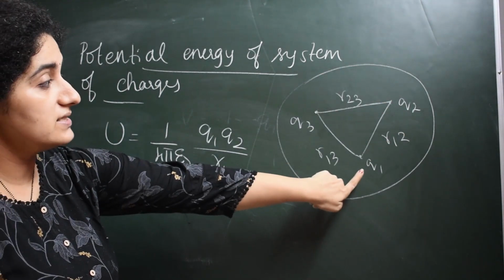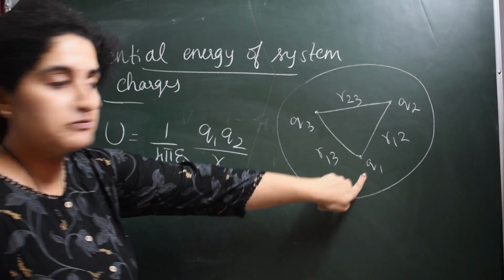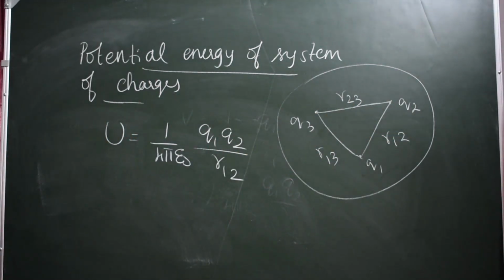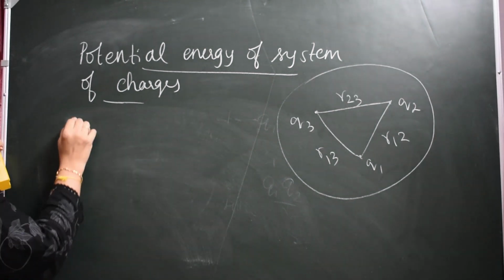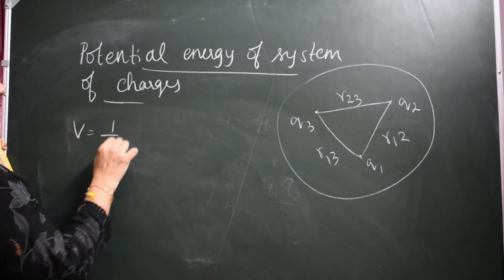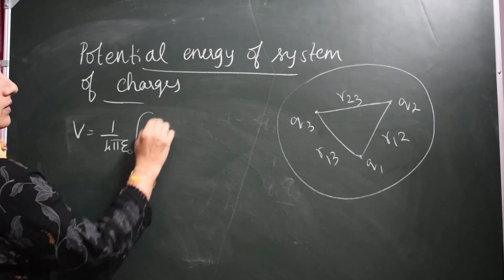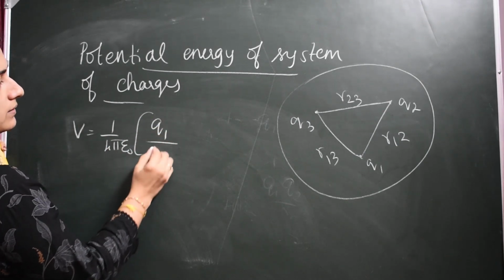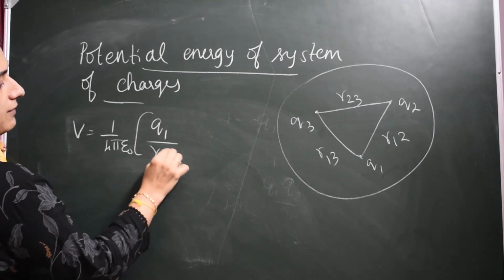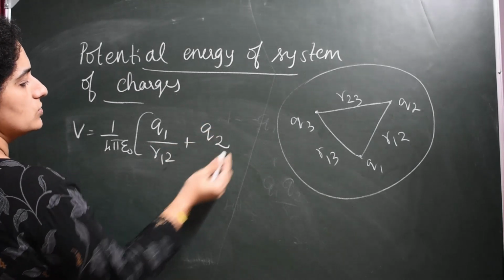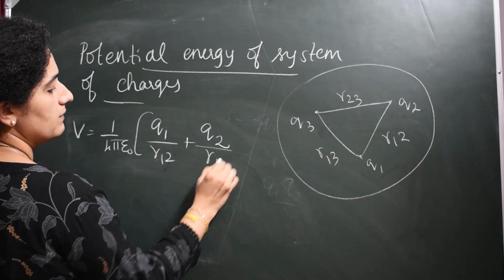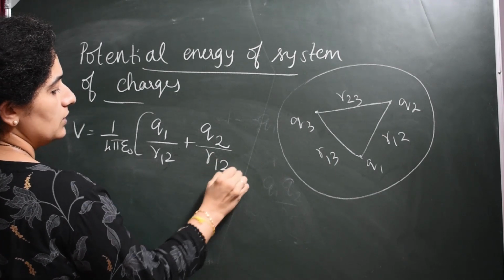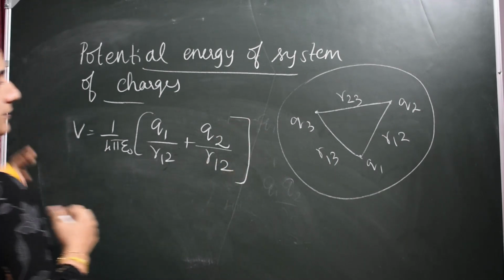So now what is the total potential? That is because of Q1 as well as Q2. So V will be equal to 1 by 4 pi epsilon naught Q1 by R1P plus Q2 by R2P.